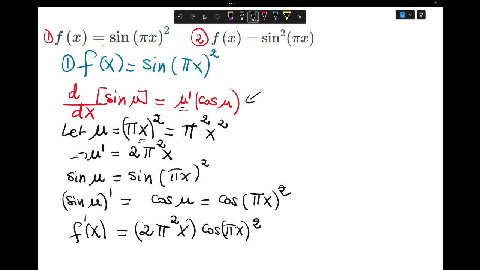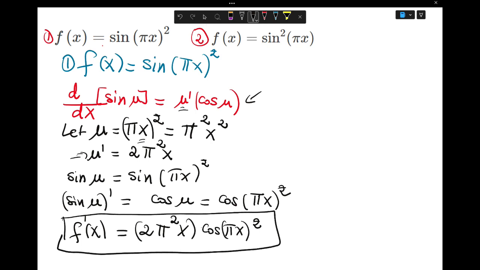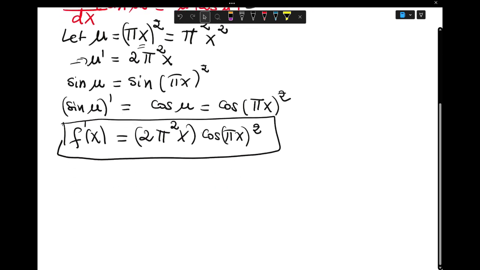So this is the final result. This is one of the ways that we can use to solve the problem. I have a second method that I can show you real quick.